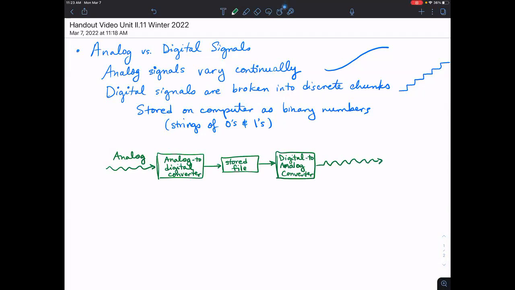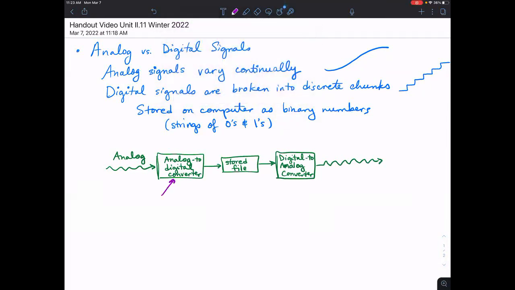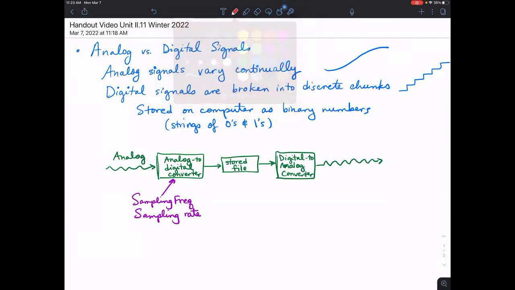Now, there are two choices that get to be made. One choice is the sampling frequency, which will also be called the sampling rate. And the other choice is the bit resolution, also known as the number of bits per sample.